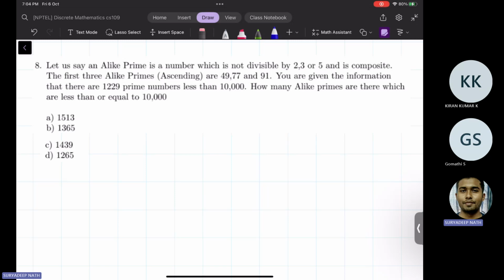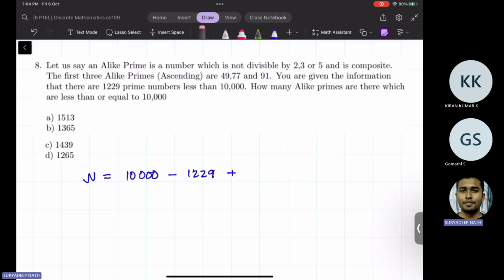Again, it is an inclusion-exclusion principle problem. So what we do is, n is 10,000. We'll consider all composite numbers. Alike primes are composite, so we would have to remove the prime numbers, 1229 of them, but for now we'll add 2, 3, 5.